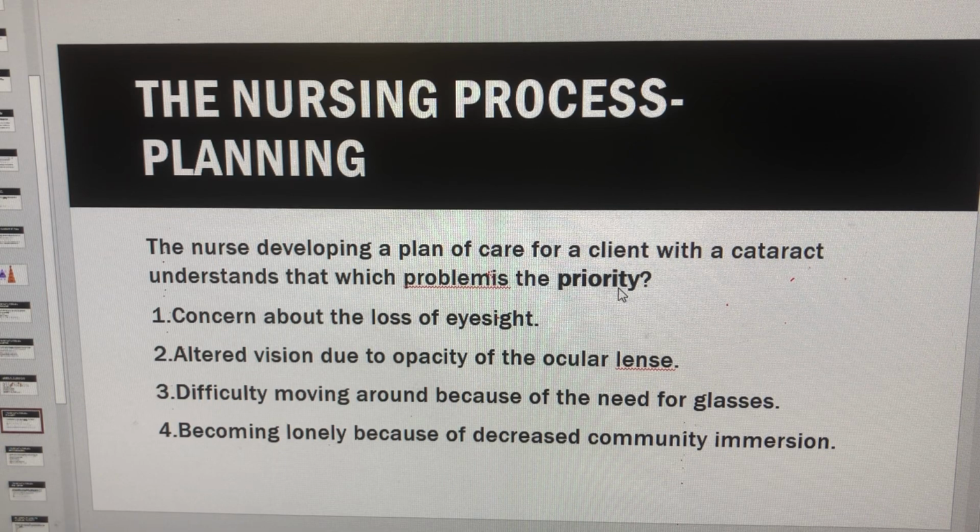Concern and becoming lonely are psychosocial needs and would be the last priorities. Note that the correct option directly addresses the client's problem. Remember that planning is the third step of the nursing process. So our answer is number 2.